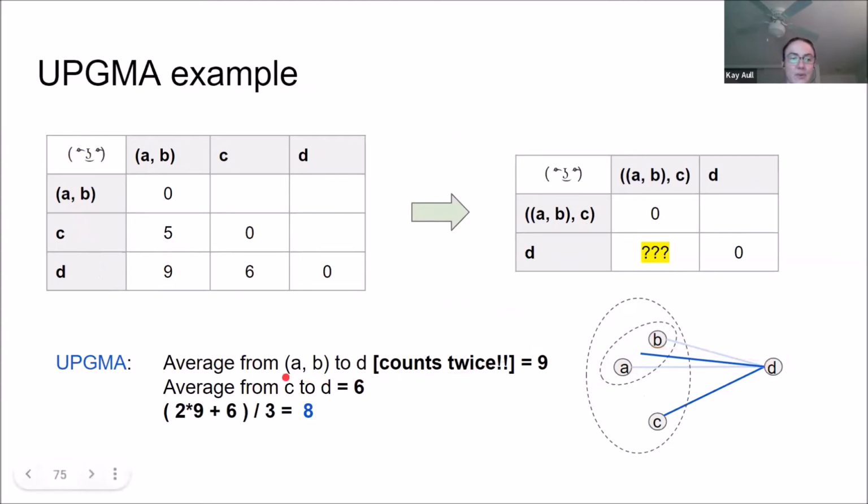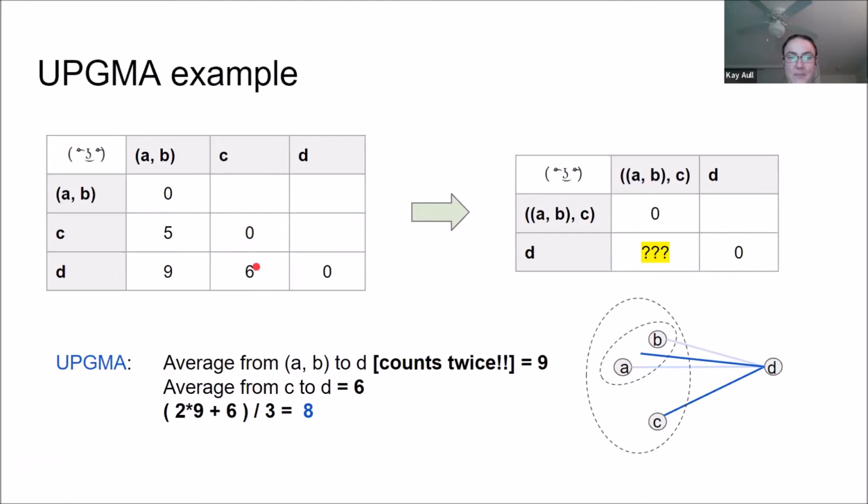And so what is your distance score contribution from those 2 individuals? You have an average of 9, 2 individuals. And then you have your 1 individual in cluster C, and the C and the D have a distance, CD, that's 6.